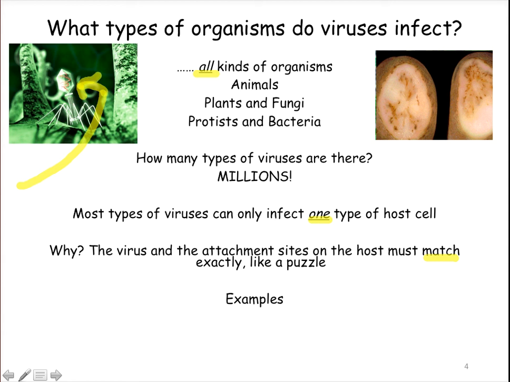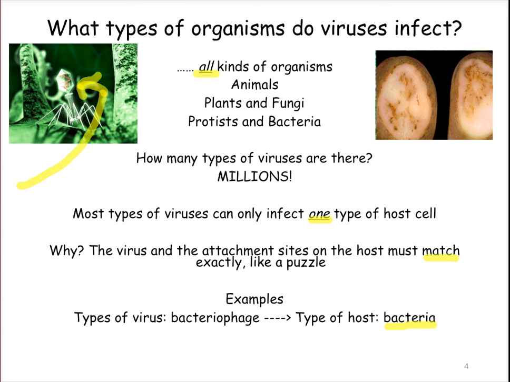And it is attaching itself to its designated host type, which are bacterial cells. This bacteriophage cannot infect human cells or elm tree cells or snail cells. It only can attach to and infect bacterial cells. So you never have to worry about getting a bacteriophage infection. A bacteriophage does not match your cells the way it matches bacterial cells.